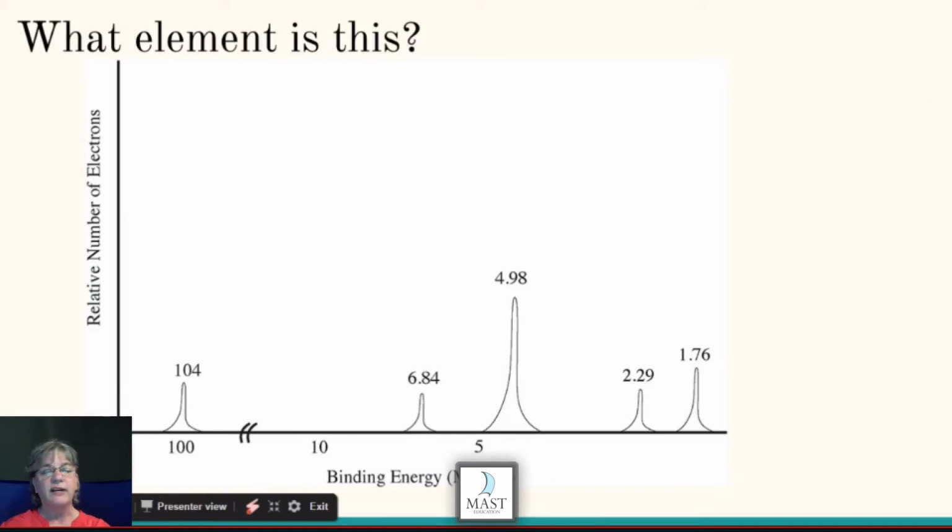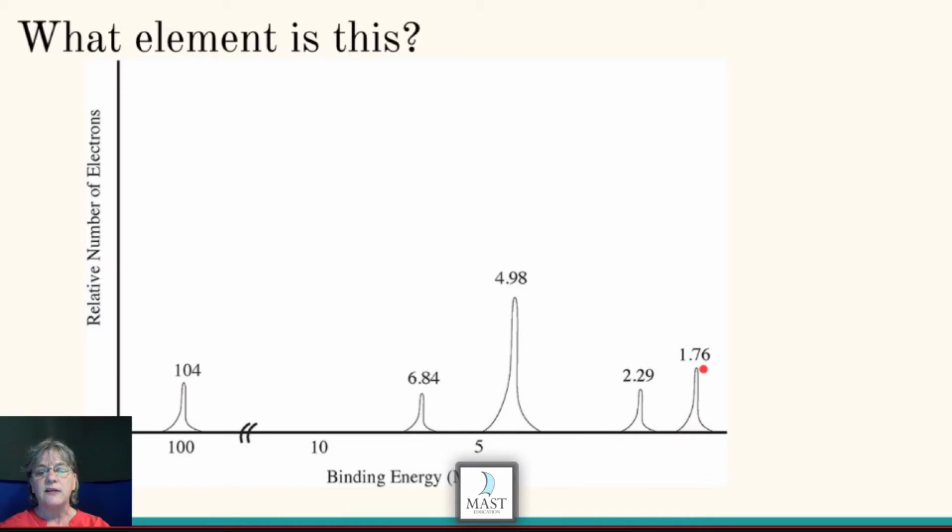Our final PES spectrum has 5 peaks in it. The highest energy peak represents the electrons closest to the nucleus. This would be the 1s sublevel, the 2s sublevel, the 2p, the 3s, and the 3p.